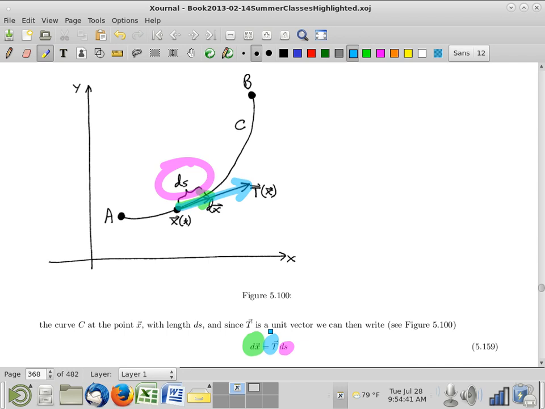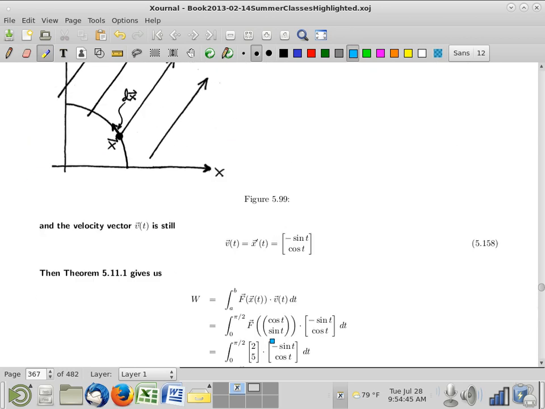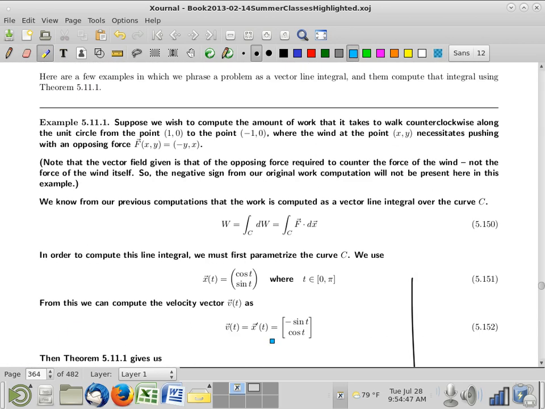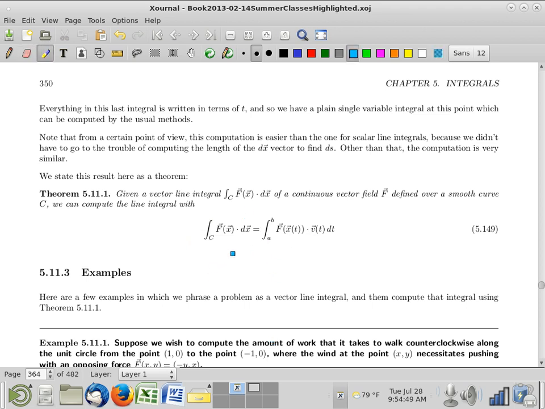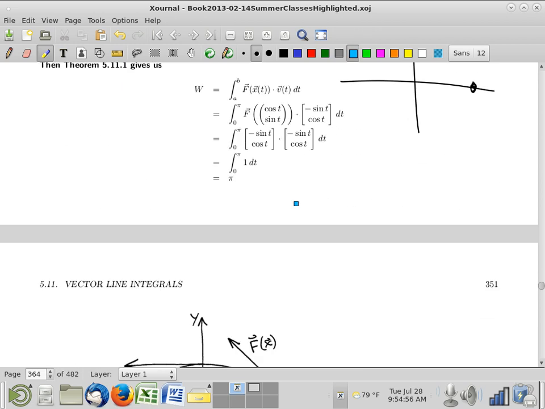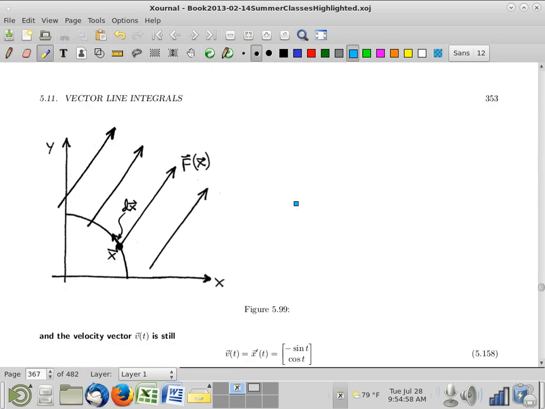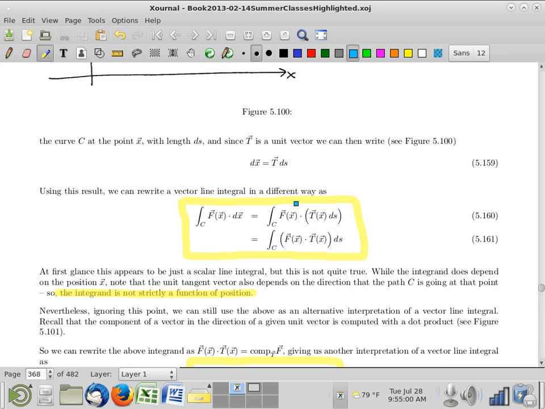So dx is T ds. Now, previously, we thought of dx as v dt, which it is, and that's nice. But here's an alternative point of view on dx, T ds.